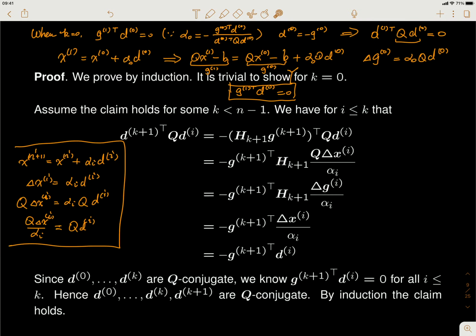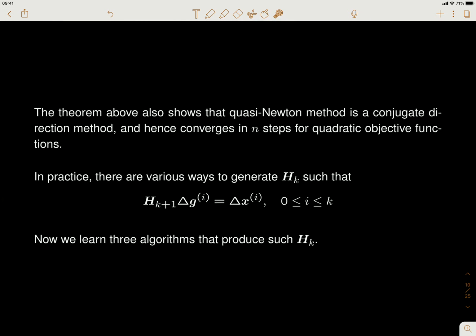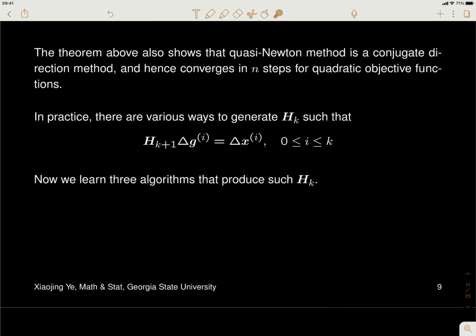But this theorem proves from a different approach that this is actually true for the Quasi-Newton method. So the only thing that we need to guarantee is this property, right? The Hk satisfies this property. Okay, now I'm going to introduce three algorithms developed in history for constructing this H matrix.